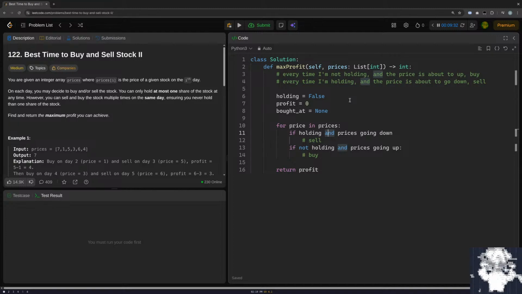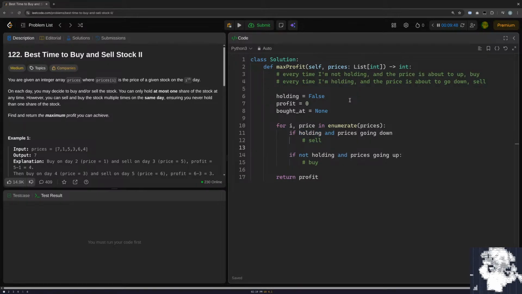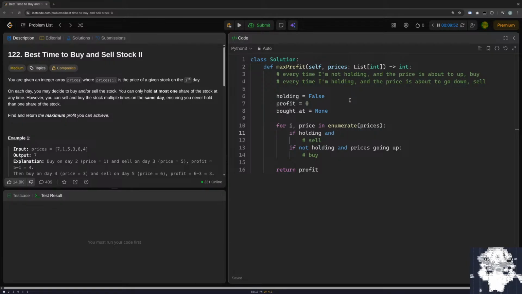Okay, so another thing is I need to look into the future, so let's also have an index. Take a look at the next one. All right, so if I'm holding and price is going down, what does price is going down mean?